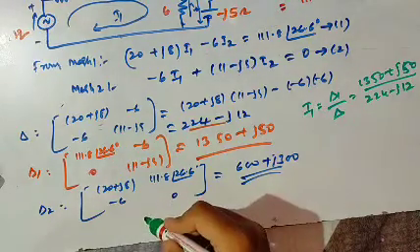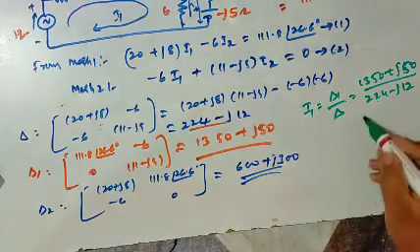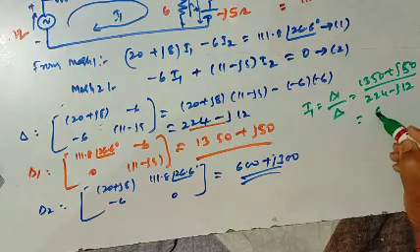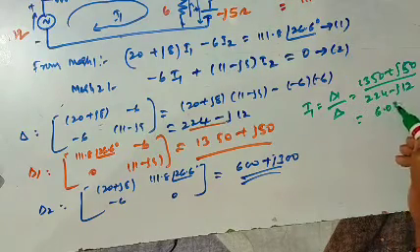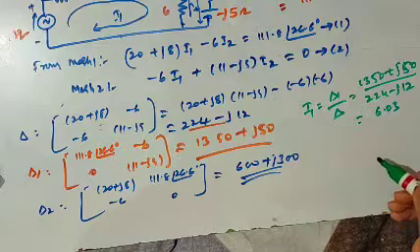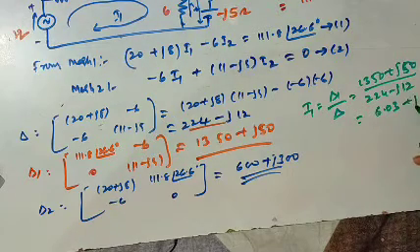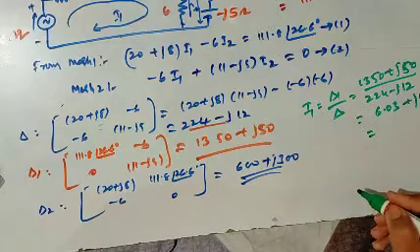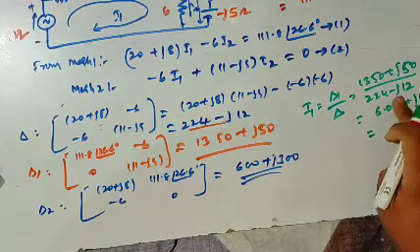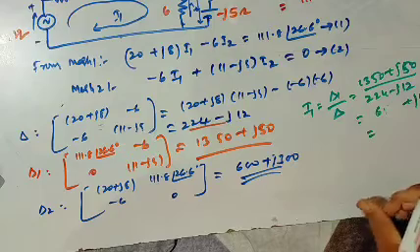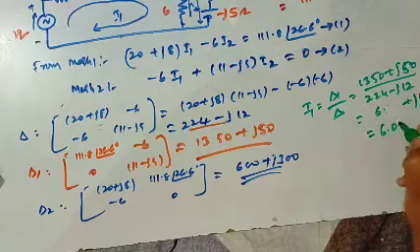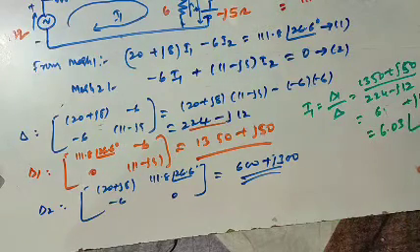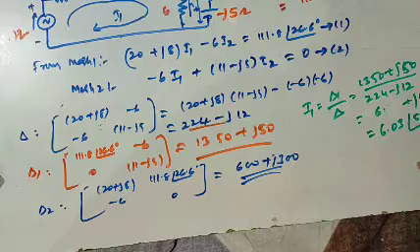The answer is I1 equal to 6.03 plus J0.54. In polar form, this can be written as 6.03 at an angle of 5.19 degree.